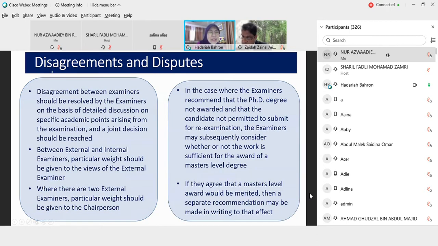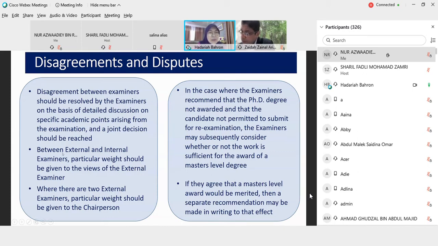Okay, when we have disagreements and disputes about the candidates, disagreement between examiners should be resolved by the examiners on the basis of detailed discussion on specific academic points arising from the examination, and a joint decision should be reached. You must resolve any disagreement face to face.